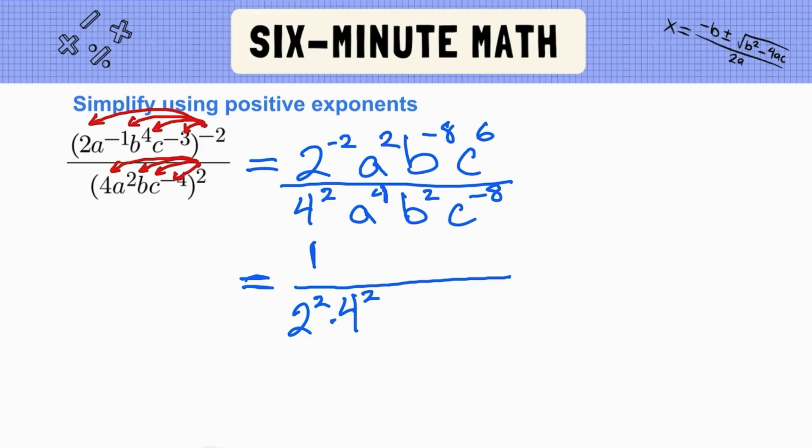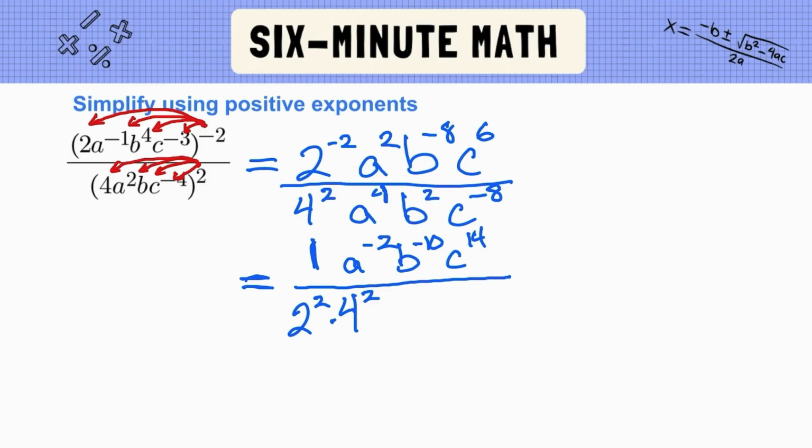A squared divided by a to the 4. 2 minus 4 is negative 2. Negative 8 minus 2 is going to be b to the negative 10. And then lastly, 6 minus negative 8 is going to be c to the 14.